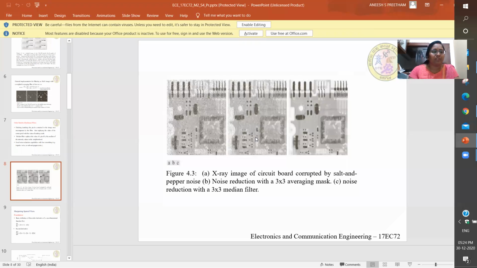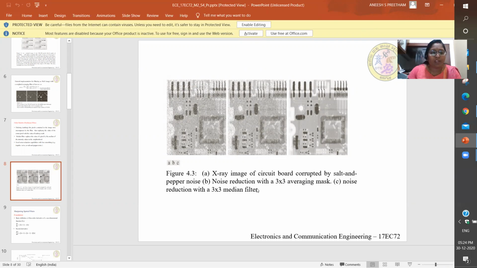This figure shows an X-ray image of a circuit board heavily corrupted by salt and pepper noise.